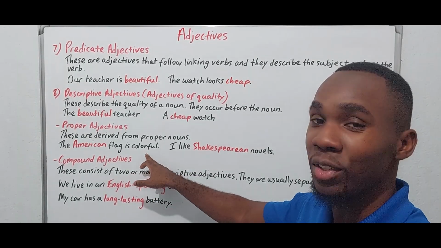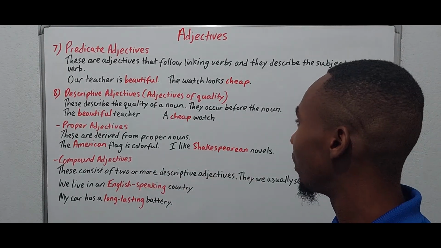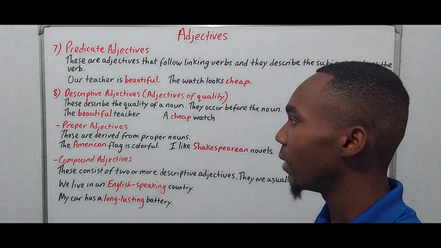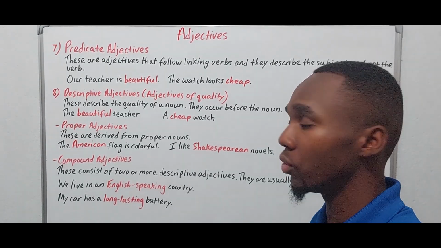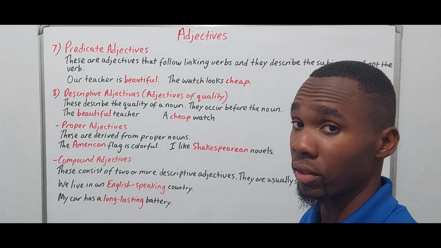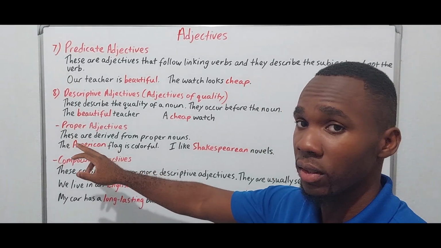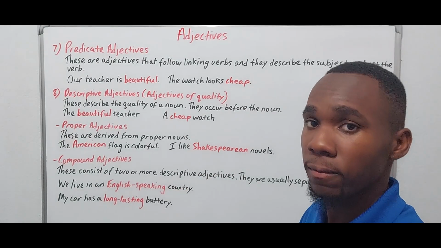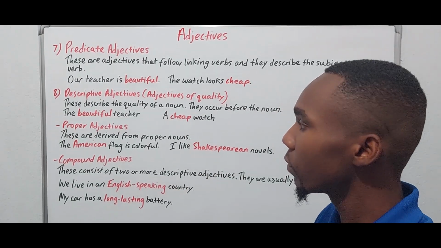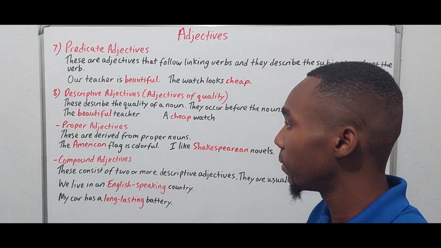And of course I use the American spelling. I like Shakespearean novels. And just like proper nouns, proper adjectives need to begin with capital letters. You see, American spelled with a capital A, Shakespearean spelled with a capital S. So the same rules would apply when it comes to capitalization, okay?